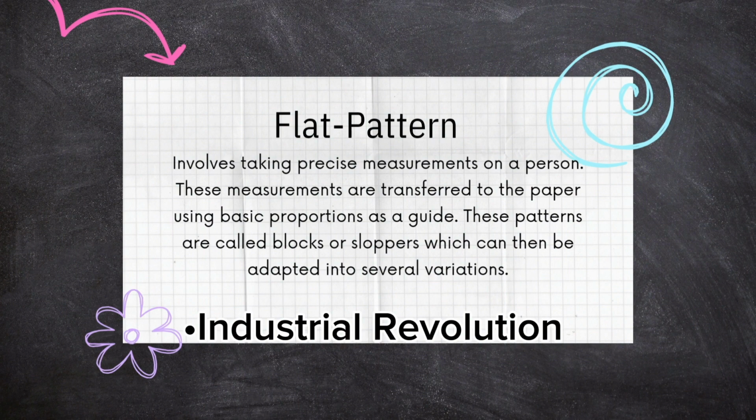Authors who are fashion designers themselves have come up with textbooks, and they've gotten some metric, that means calculated proportions, to be used when you want to draft patterns for different sizes. So when you're doing flat pattern making, you consult those textbooks for the proportions that serve as a guide when you are drafting.